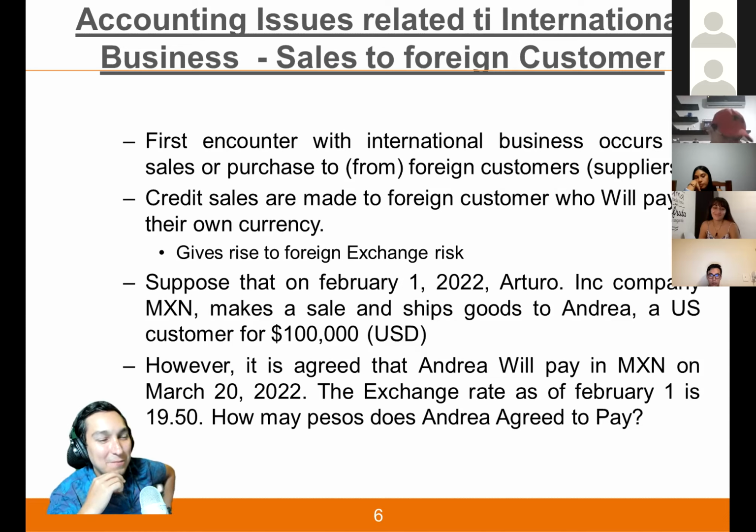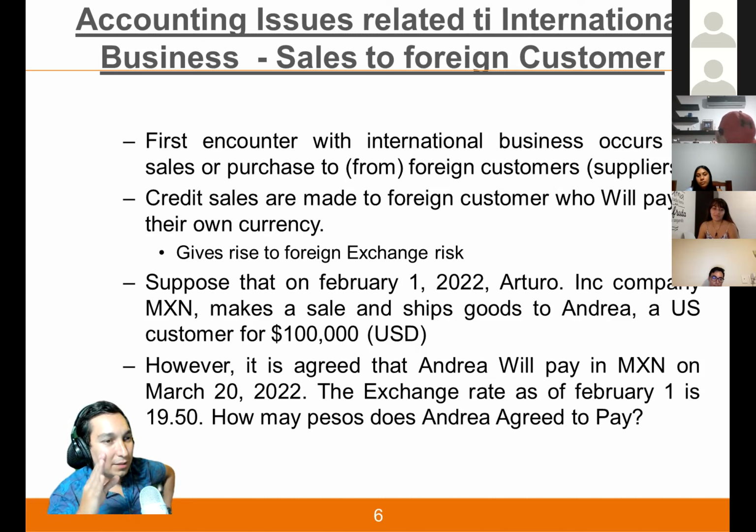And Andrea, in which currency would you prefer to pay, if you are based in the US? In dollars?